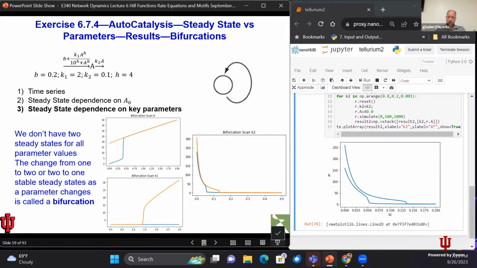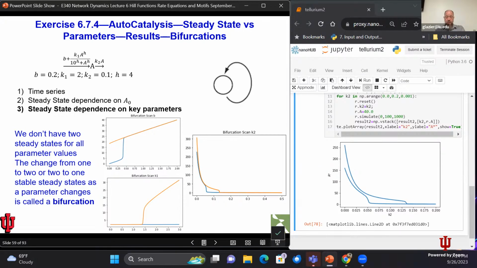If B is small, I get a high value and a low value. If B is too big, I only get the high value. If K2 is small, I get a high value, and basically a runaway result. I get only a high value if K2 is very small.